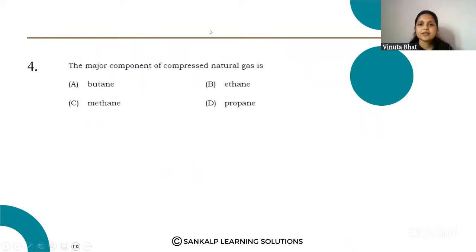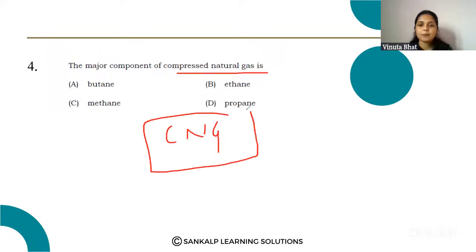Next question. The major component of compressed natural gas, that is CNG, is: option A butane, option B ethane, option C methane, option D propane.